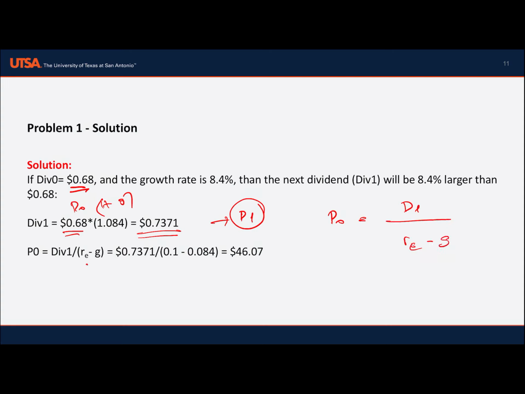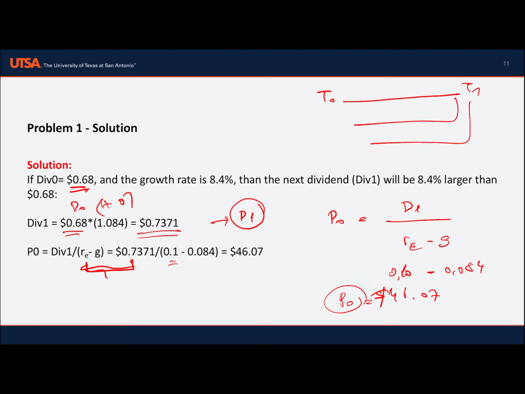The return on equity is 10%, 0.10, minus the growth rate 0.084, and price 0 is $46.07. All we are doing is discounting the dividend payments to time 0 and finding the price at time 0.